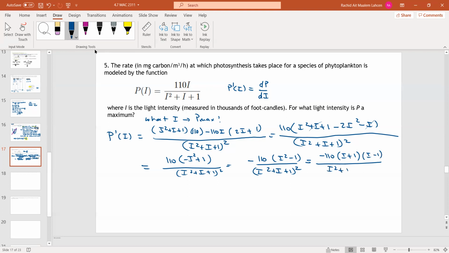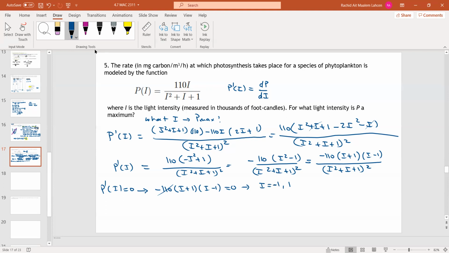So there are two numbers there that we need to investigate. When we say the first derivative equals 0, of course for the fraction that means the numerator is 0, which means I plus 1 or I minus 1 is 0, meaning I equals negative 1 and 1, right? But of course the intensity is going to start from 0.